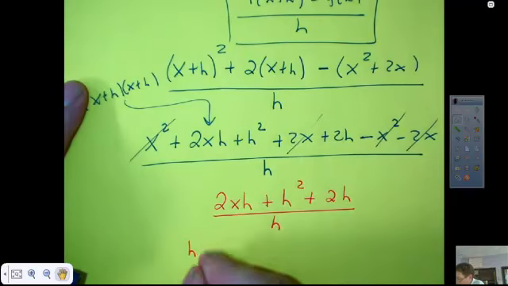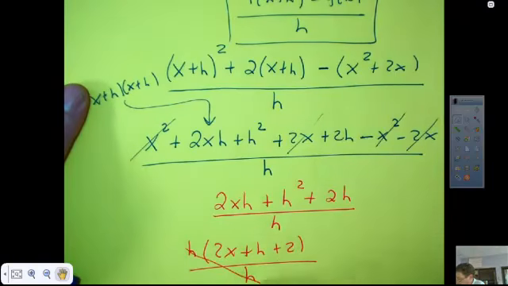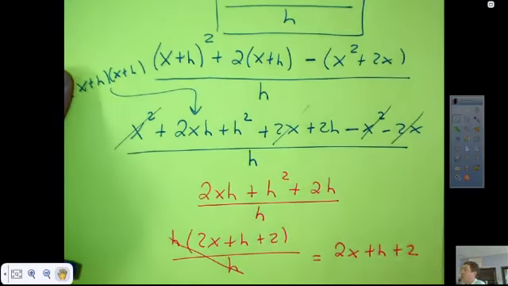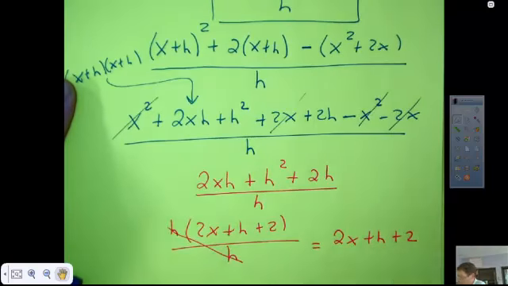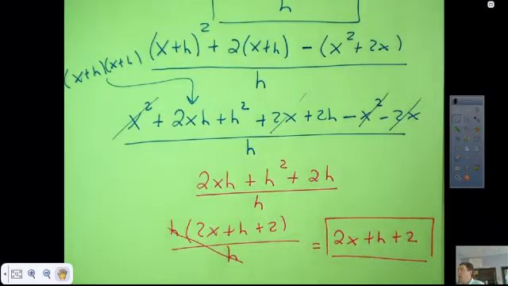So h times 2x plus h plus 2, over h. And again, h divided by h is 1. I'm left with 2x plus h plus 2, and that's it. So that one's a little more challenging, a little more involved.